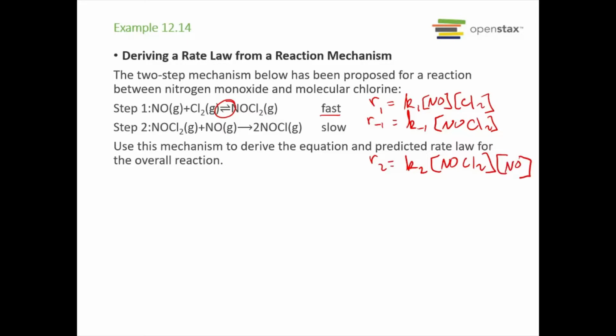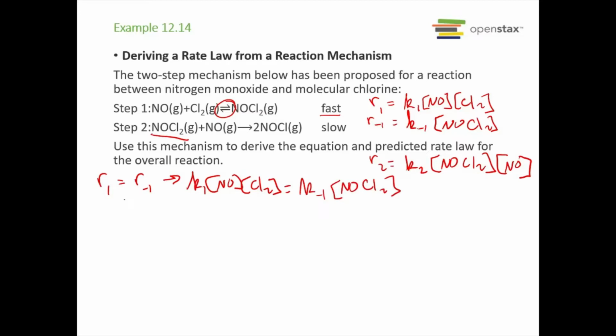All right, so now we have these three rate laws. We're going to go ahead now and try to rewrite things. We want to get rid of this NOCl2 because that's our intermediate. That's going away. You can see it being consumed in the slow step. So we want to get rid of NOCl2. And we know that at equilibrium, the rate of R1 is equal to R minus 1. So that tells us that we have k1 times NO times Cl2 is equal to k reverse times NOCl2.